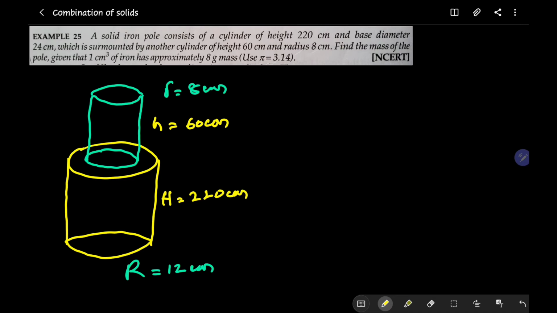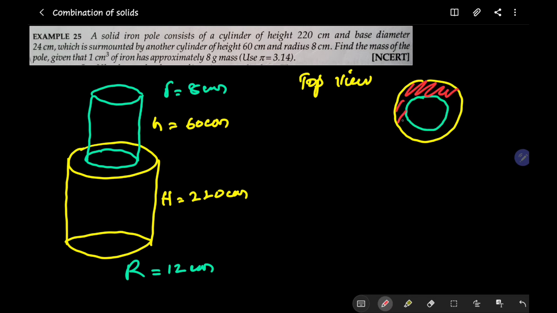The bottom surface of the yellow cylinder and the top surface of the green color cylinder and their curved surface areas are all fine, there is no difficulty in that. But if you see from the top view, the flat surface area of the yellow cylinder around the base of the green color cylinder will appear just like which is shown in the red color now.